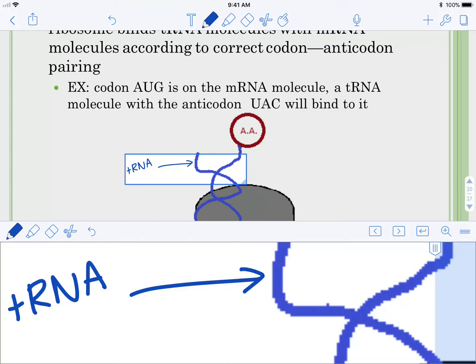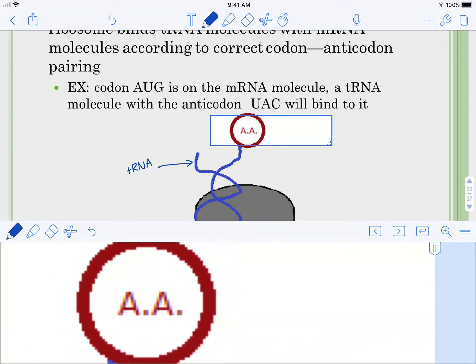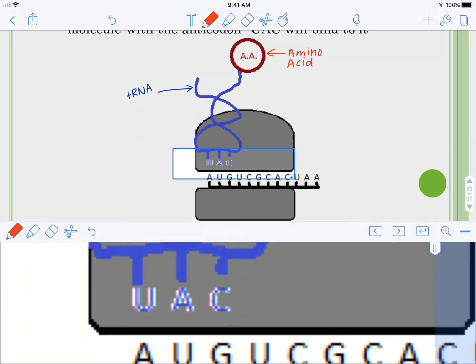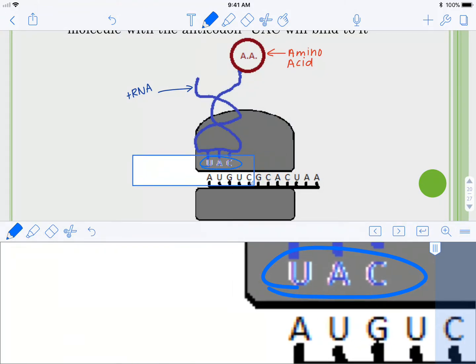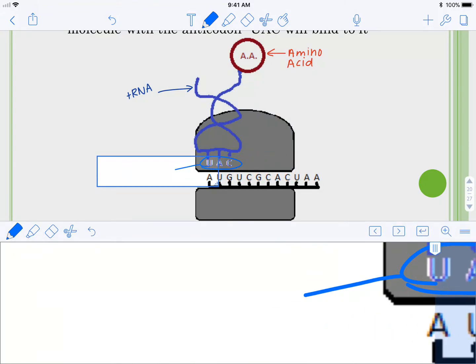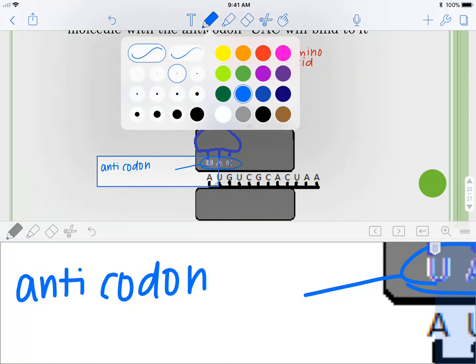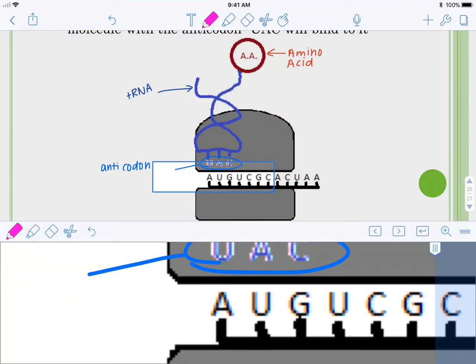And it has attached to it an amino acid, that's this red part, and there's three very special nucleotides that are at the bottom, okay? Right now, I want you to label this an anticodon. We're going to define this a little bit more in a little bit. I just don't want us to get too confused with it.